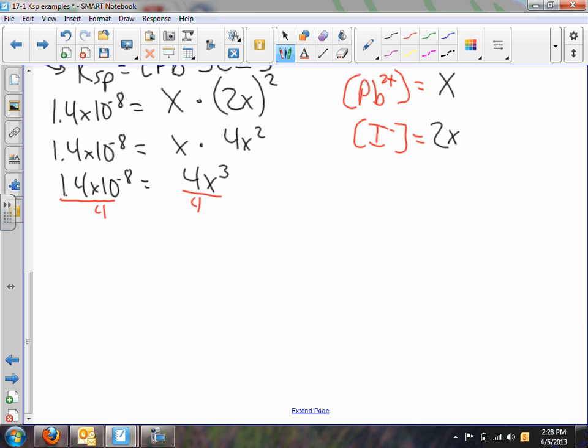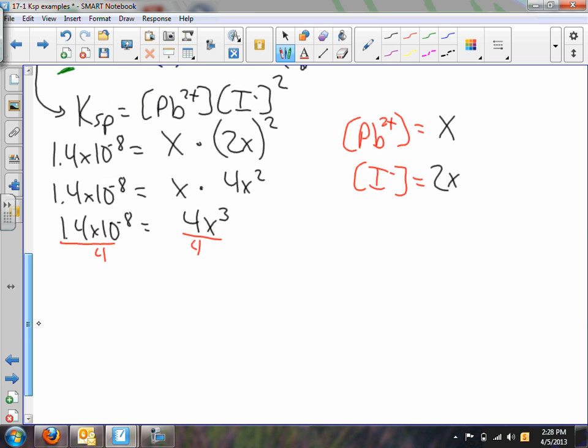And when we do that, we get X cubed equaling, I don't know, I better check. 1.4 times 10 to the negative 8 divided by 4 is 3.5 times 10 to the negative 9.